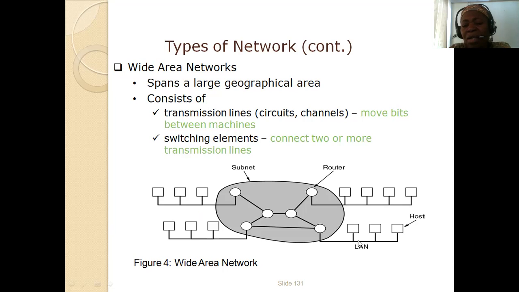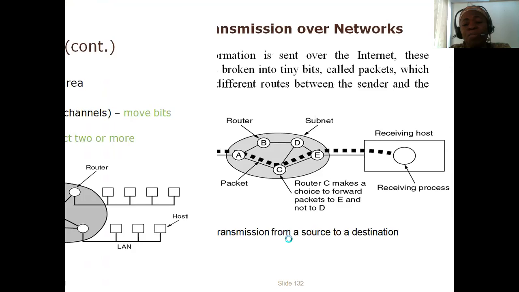So you have one LAN, all connected, and then the subnet controls what happens here. Now, these subnets have routers. This is one router, 1, 2, 3, 4, 5, 6 routers in this subnet. I'll use the next slide to explain further.